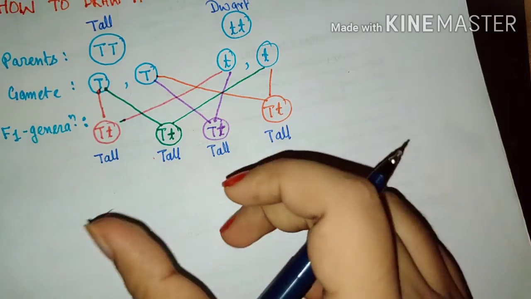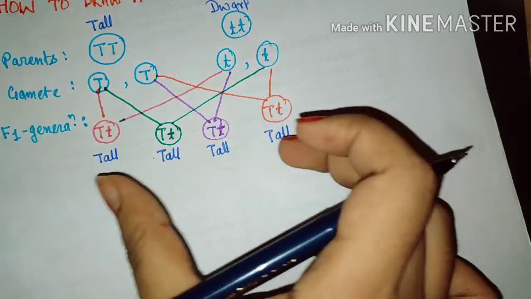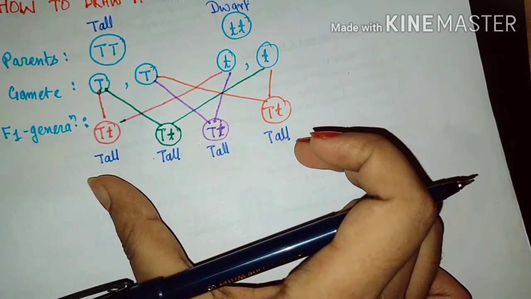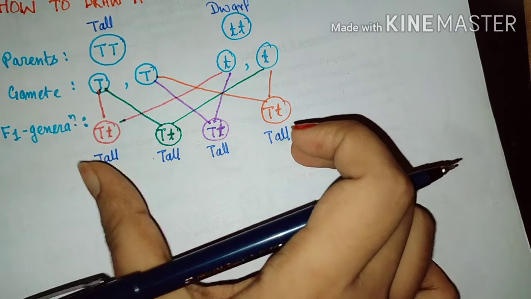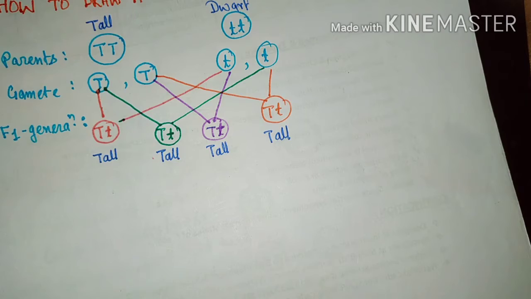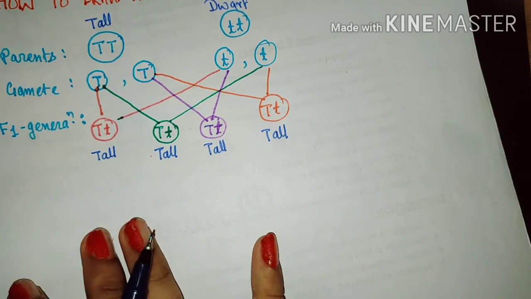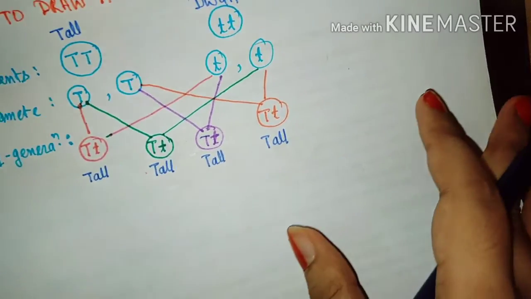So in the F1 you have made the individuals. Now in the exam they ask you to draw the cross up to the F2 generation. Most often they ask you to draw up to the F2 generation, because the F1 generation is very simple.